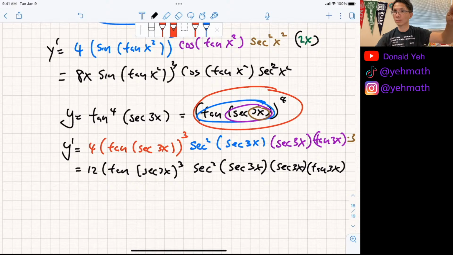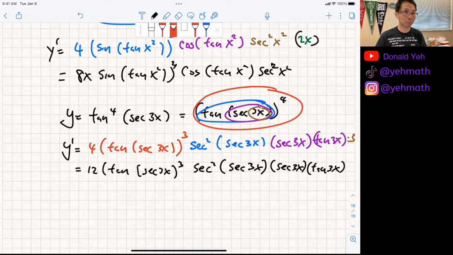Or what? Finish your sentence. No, finish your sentence. Yeah, yeah. So I just multiply the 3 to the 4 in the front, it becomes 12. And that's my differentiation of a trig thing.